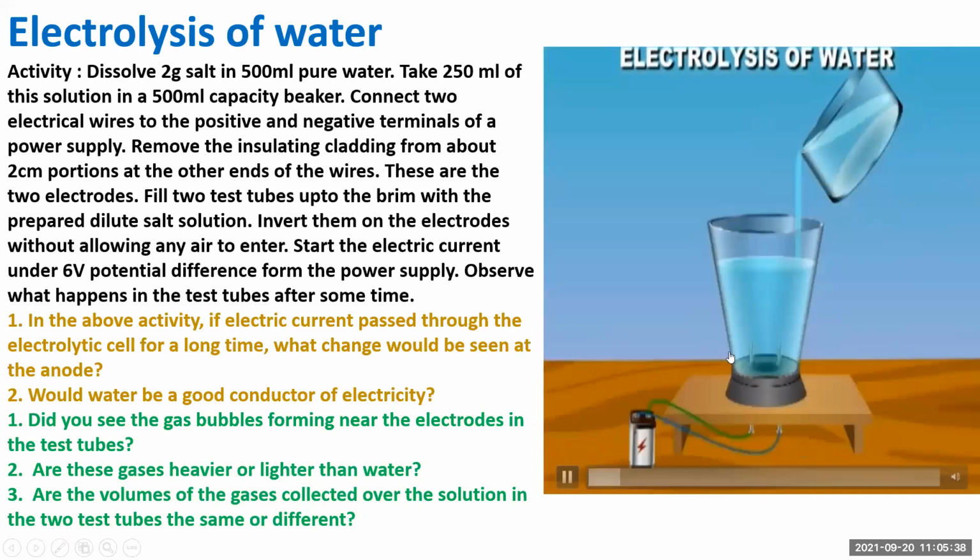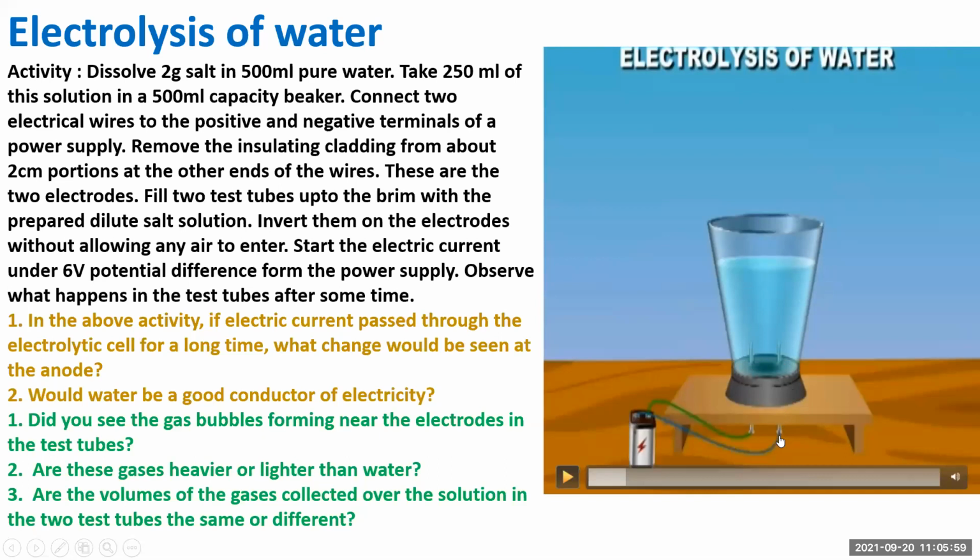Now put this water and salt solution in the apparatus shown. The apparatus contains two metal electrodes at the bottom of it. These are electrodes.